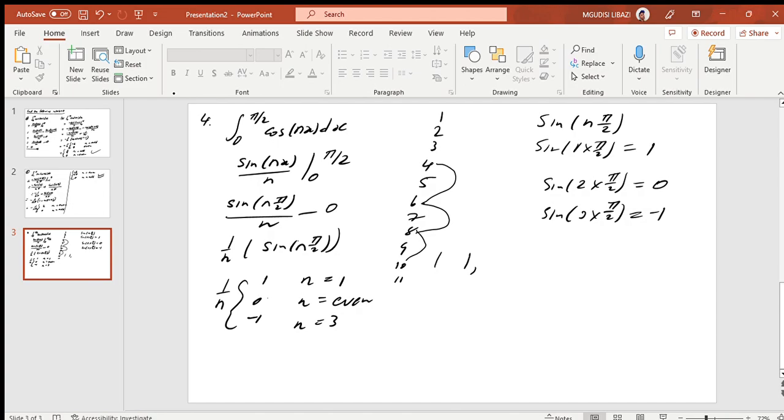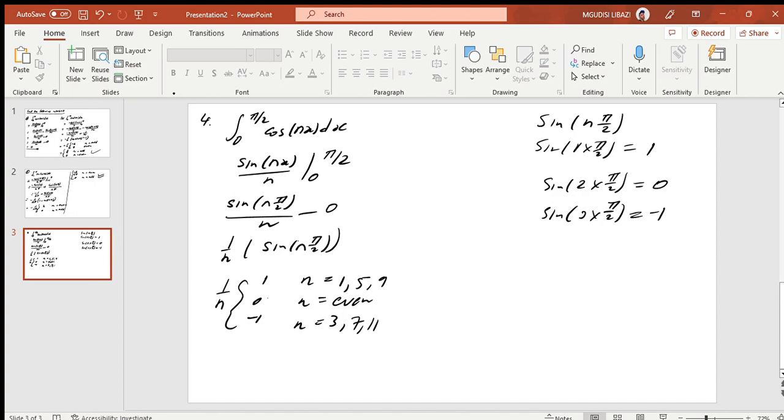When you substitute the odd number 3, you get -1. When you substitute the odd number 5, again you get 1. So they alternate. And you can see that from 5 we go to 7, and from 7 we go to 9.